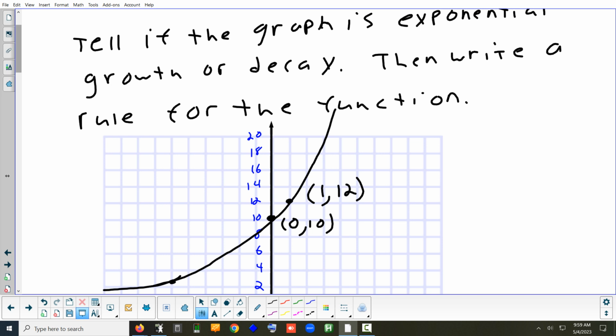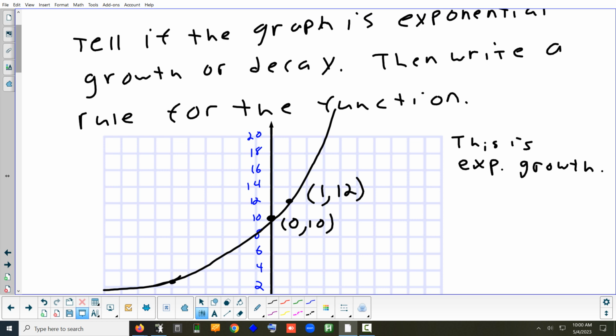So let's answer the first part of the question. Is that exponential growth, or is that exponential decay? Which one? Yep, that is exponential growth. Right, so I'm just going to write that off to the side. Okay, so this is exponential growth.